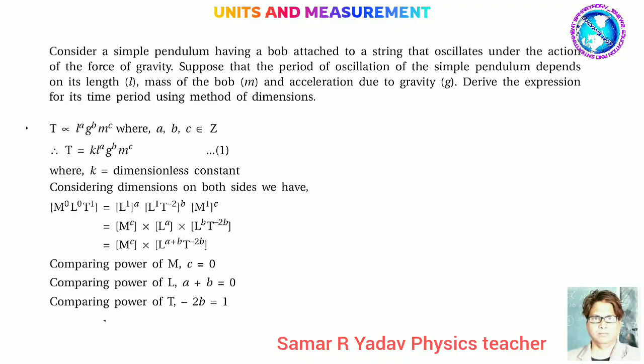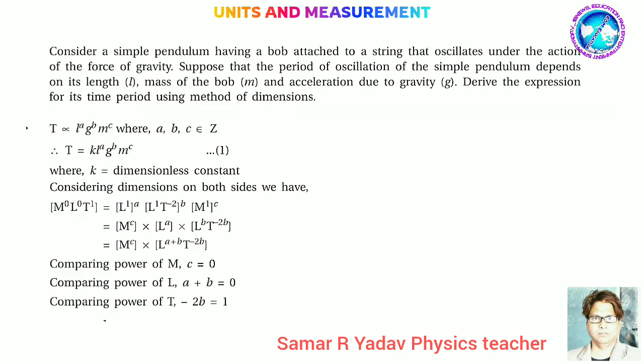Consider a simple pendulum having a bob attached to a string that oscillates under the action of the force of gravity. Suppose that the period of oscillation of the simple pendulum depends on its length L, mass of the bob m, and acceleration due to gravity g.